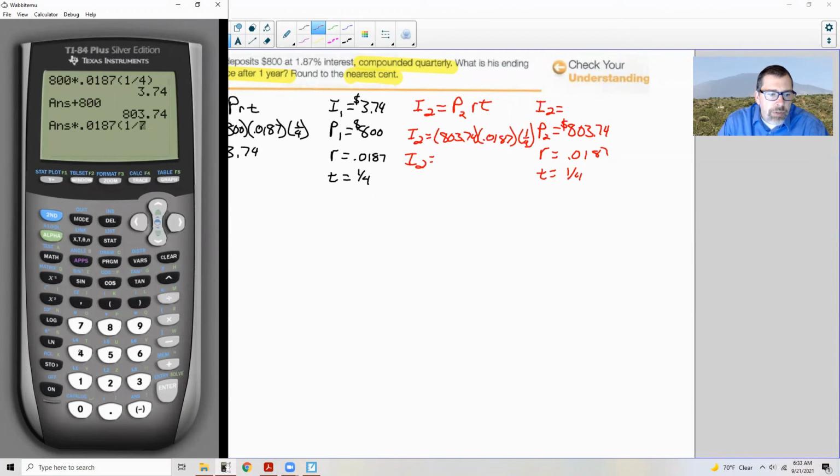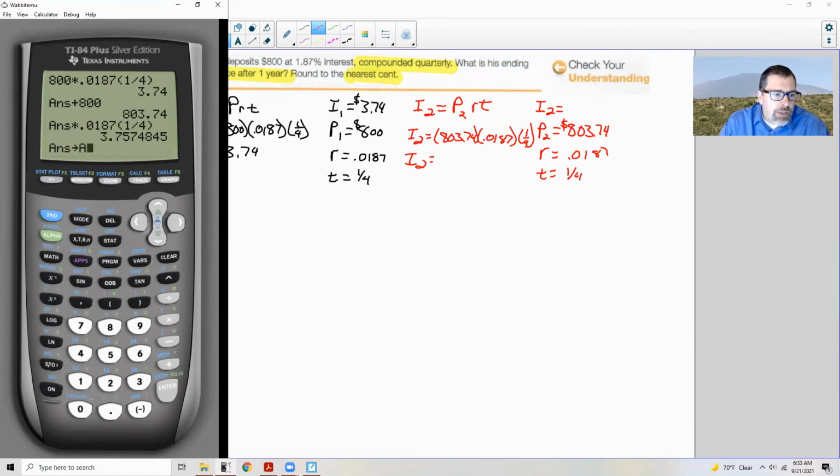Okay, so 803.74 times 0.0187 times a quarter, and that is an interest rate here. So now watch what I'm going to do. I'm going to store it as A. So I'm going to do alpha A.